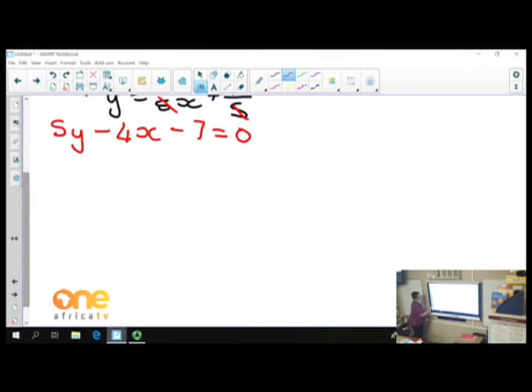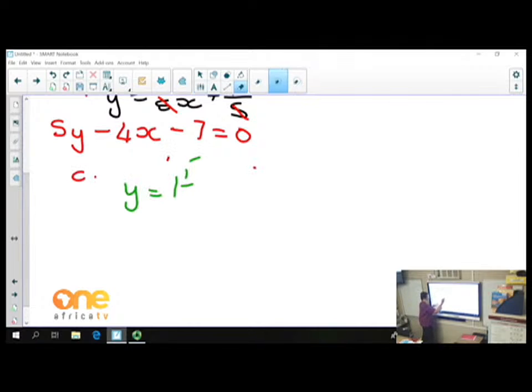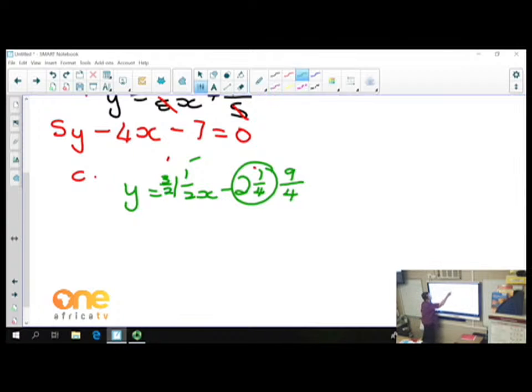Okay, the next one, number C, y is equal to 1.5x minus 2 1/4. I will change this 2 1/4 immediately to 9/4, and this one as well to 3/2. Okay, so the LCM is 4.